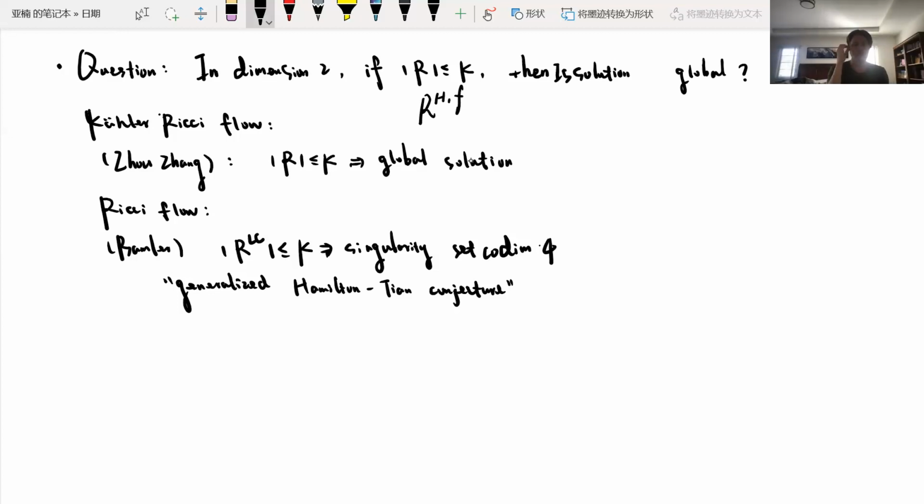Yes, exactly. I'm pretty sure you can prove. I remember this because the modified scalar curvature is more natural for the generalized Ricci flow.